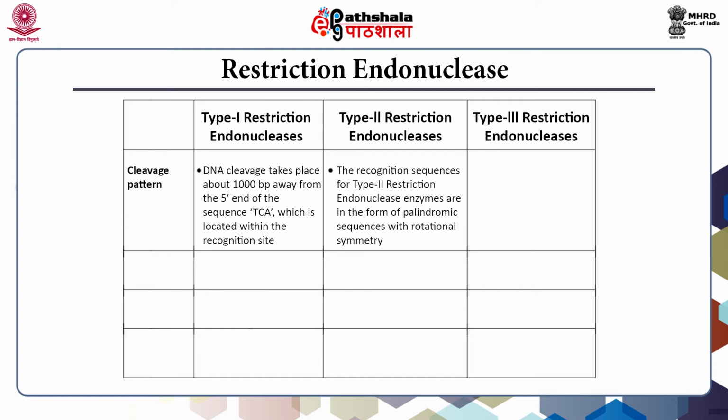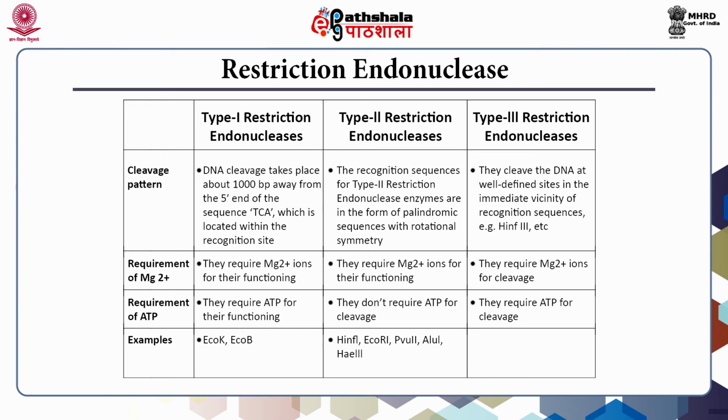Type 3 restriction endonuclease cleaves the DNA at well-defined sites in the immediate vicinity of the recognition sequence. Example is HinfIII. Restriction enzymes require magnesium ions and ATP for their functioning.